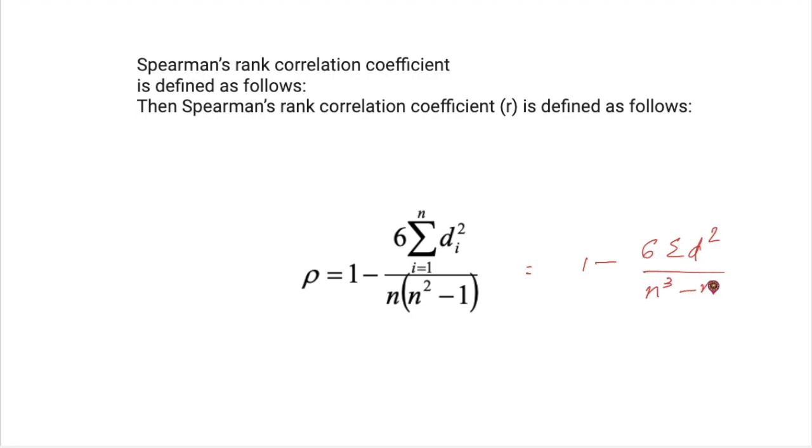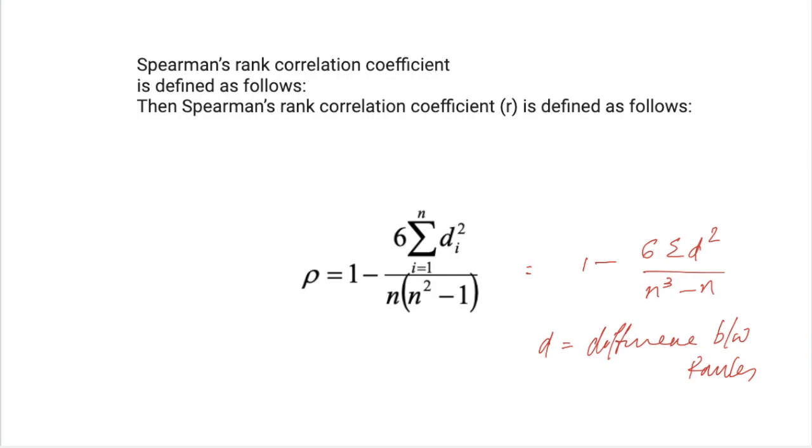Now, what is n? N obviously is the number of pairs which are compared. It can be x or y, whatever it is. D denotes the difference between the ranks. And R, obviously, is rho.